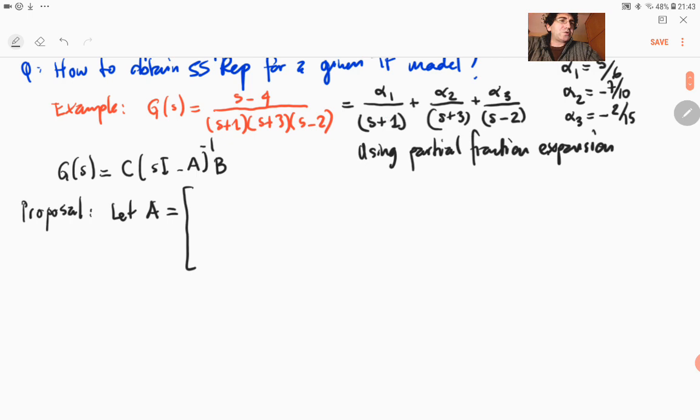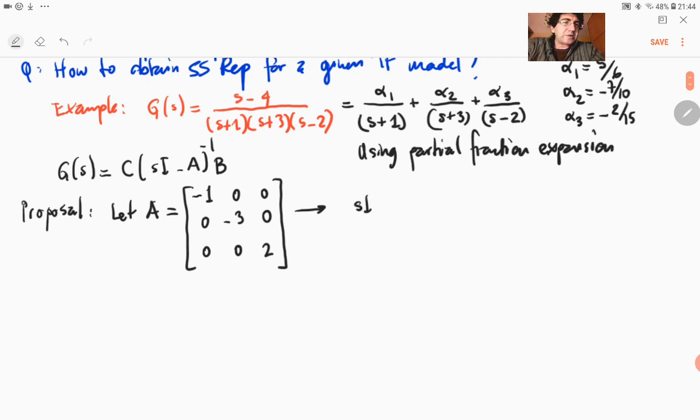So our poles are minus 1, minus 3, and 2. I will just put the poles in the diagonal entries like this, and try to work out the other two matrices, C and B, if we can. So that's going to be our trial. Let's see what happens with this G of s given this selection of the A matrix.